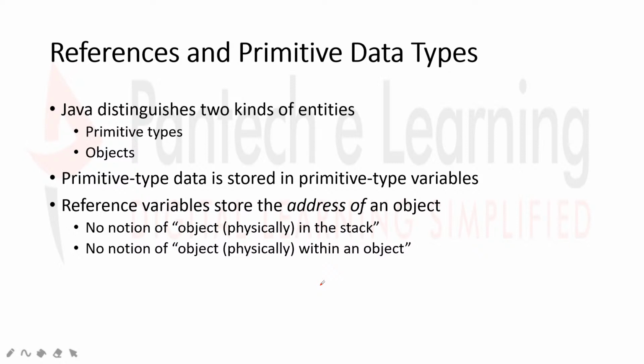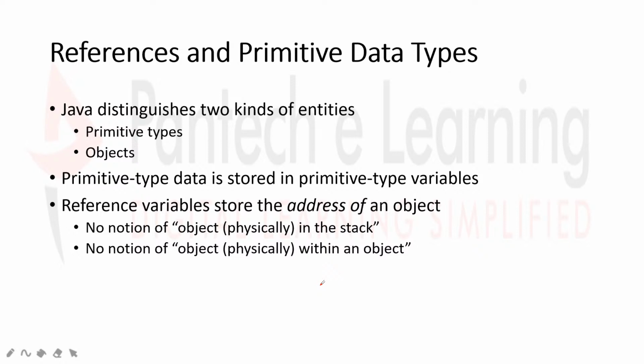So that is a primitive type. And an object type is what you are saving. A primitive type is stored in a primitive type variable, and an object type will be stored physically.